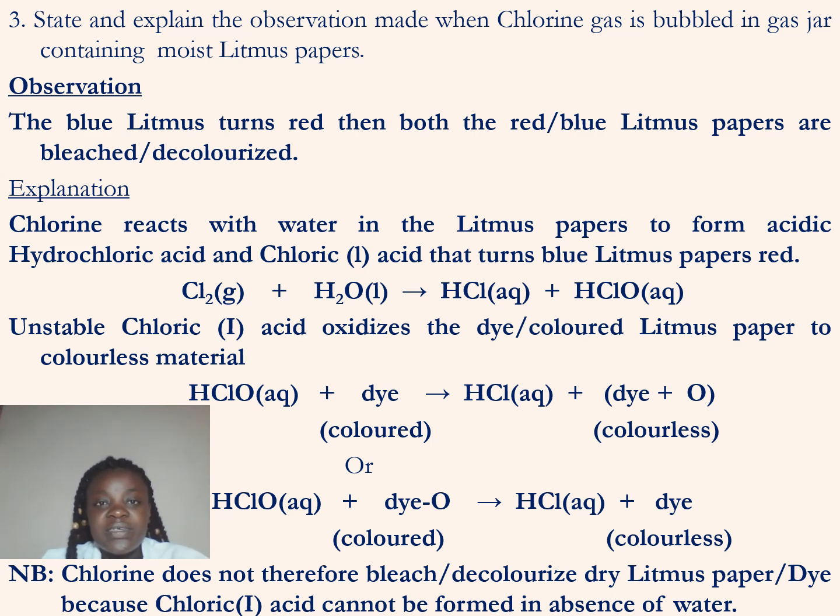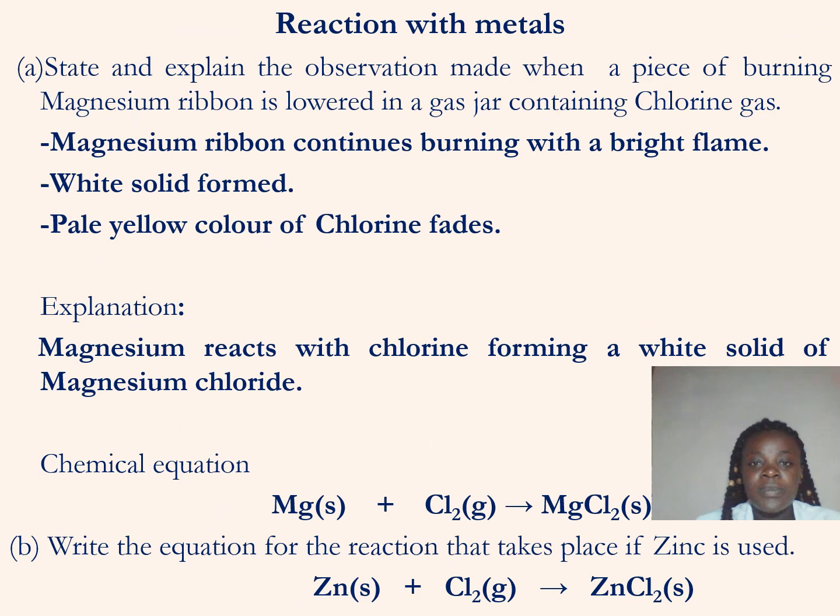So chlorine gas is not a bleaching agent, but it reacts with water to give us chloric 1 acid, or what we are calling hypochlorous acid, that bleaches the litmus papers. Good. So that is the reaction between water and chlorine gas.